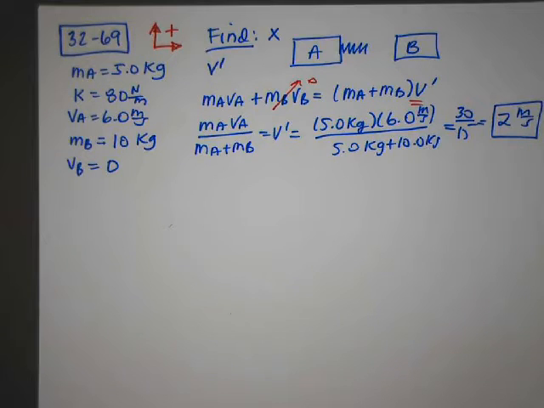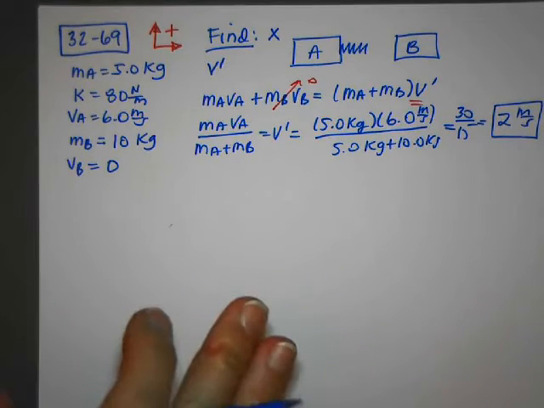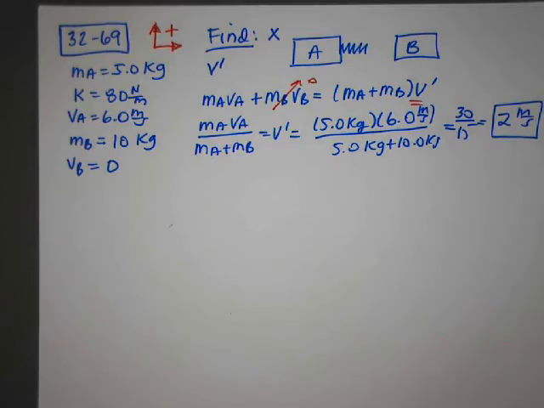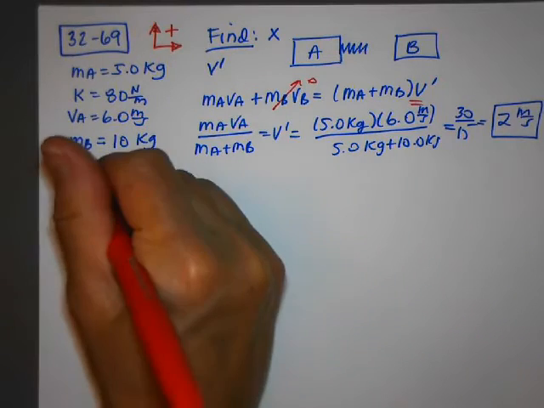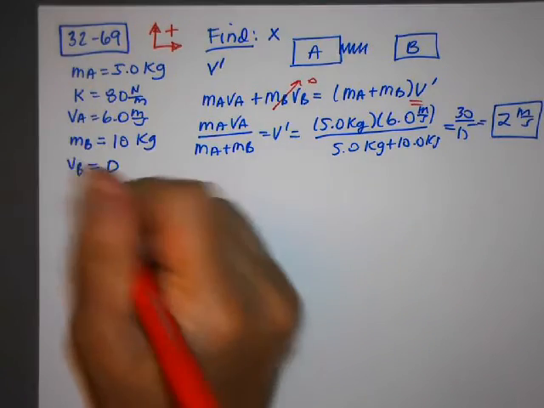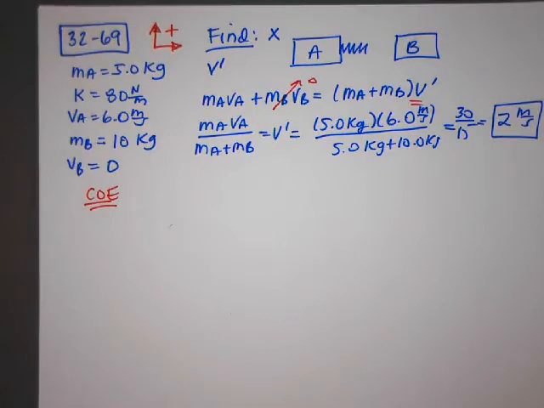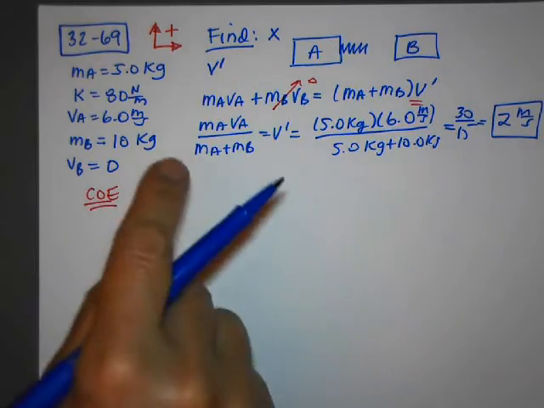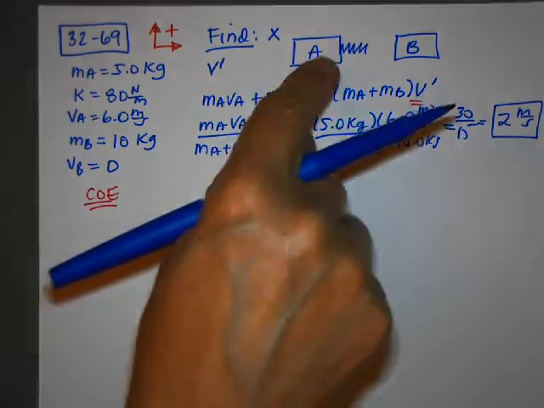All right, so now I'm going to do like I did in the last problem. I'm going to look at my kinetic energy. I'm going to use conservation of energy to solve for that. So how am I going to do that? First, initially, I'm going to do the kinetic energy of these.